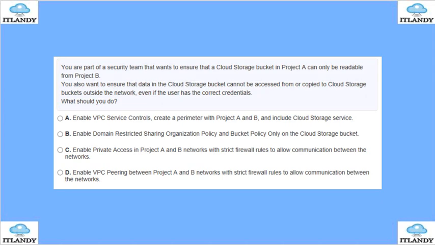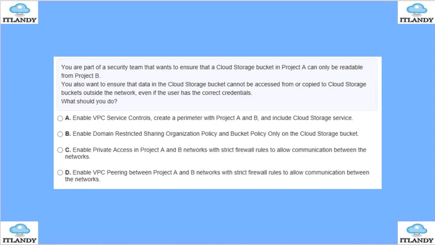Enable VPC Service Controls, create a perimeter with projects A and B and include the Cloud Storage service; or enable a domain restricted sharing policy; or enable private access in project A and B networks with a firewall restricting communication; or enable VPC peering between projects A and B.